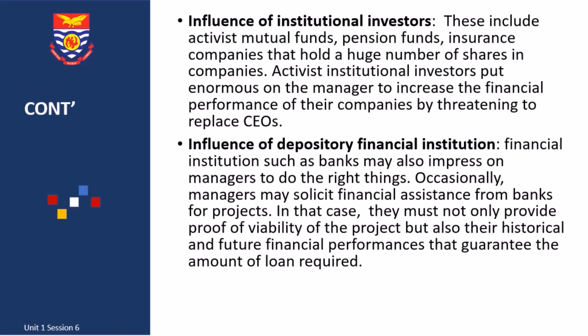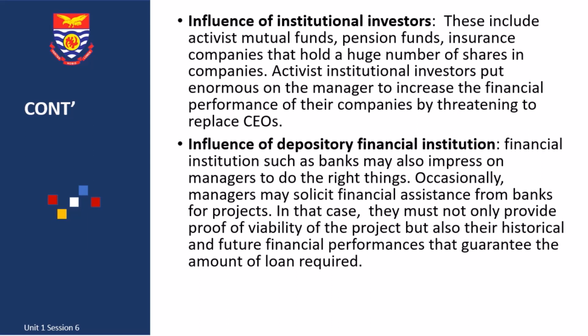Influence of institutional investors. These include activist mutual funds, pension funds, and insurance companies that hold a huge number of shares in the company. Activist institutional investors put enormous pressure on managers to increase the financial performance of their companies by threatening to replace the CEOs. Because they hold large shares, their decisions are really relevant when it comes to decision making.